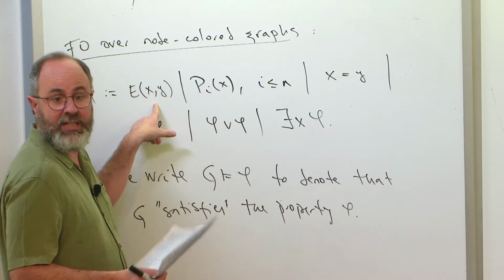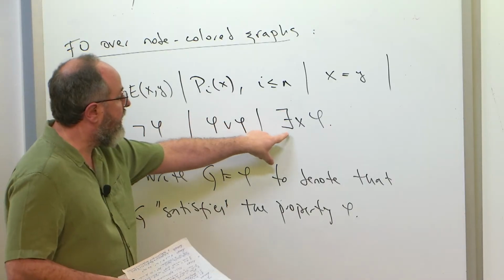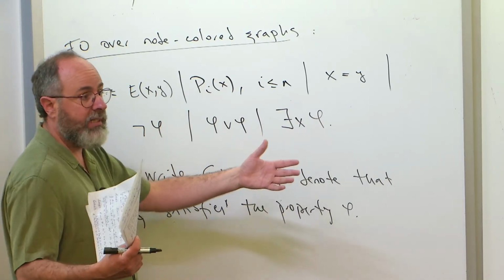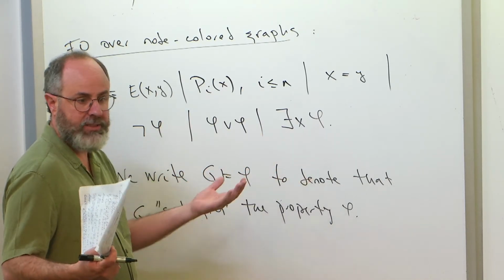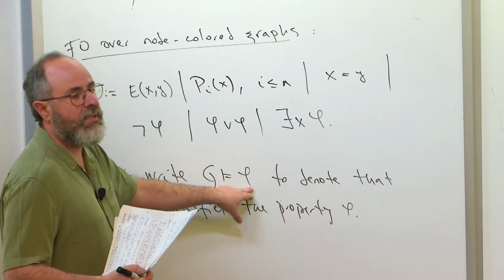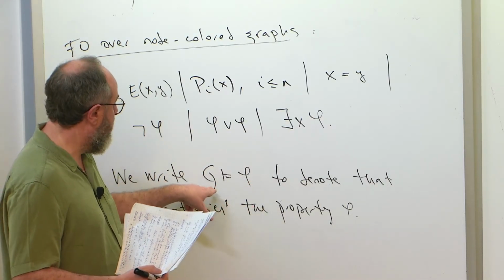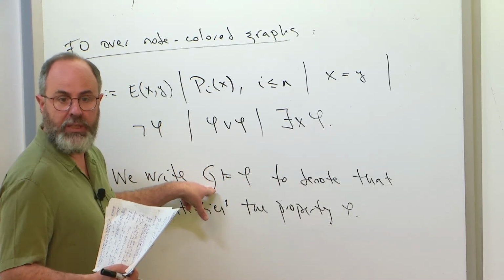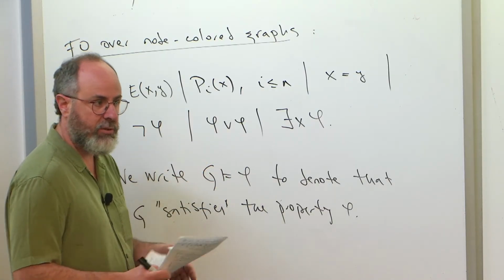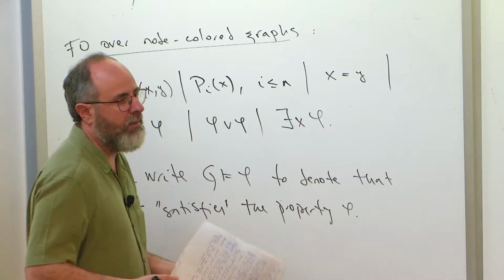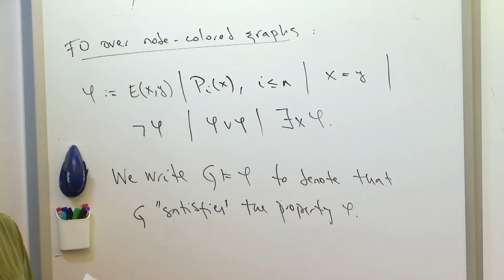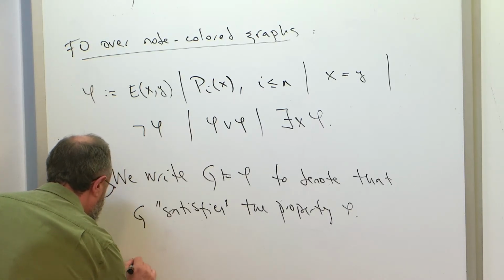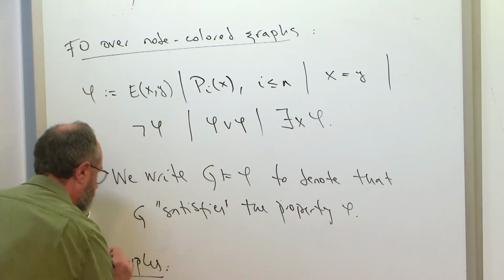For instance, this formula has free variables. But once you start using quantifiers, you can close all free variables and have a sentence, one that doesn't have free variables anymore. When phi is a sentence, we can say that phi holds in a graph, that it's true in a graph. I'll give you some examples for this, because defining the syntax is a bit cumbersome and doesn't provide much insight. I think that an example is much more clear. Examples.